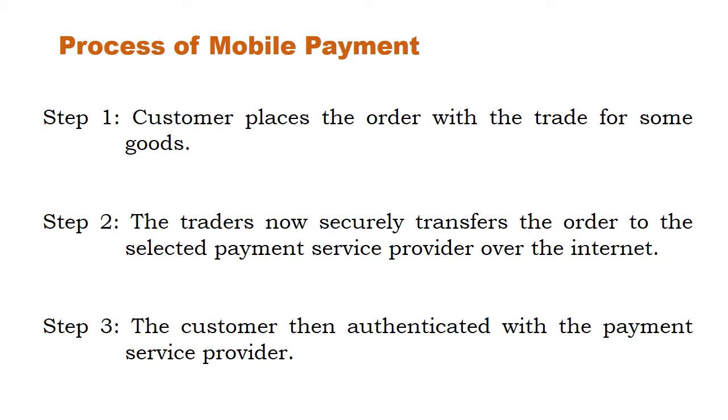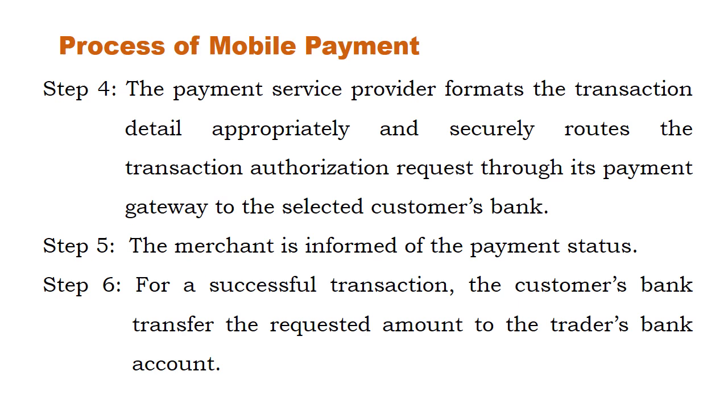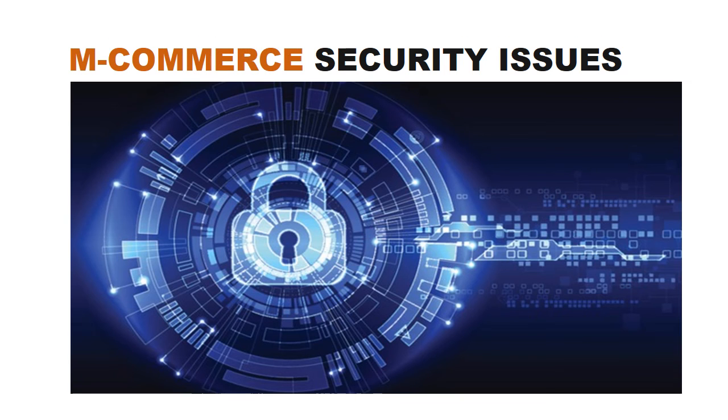The fourth thing is the payment service provider formats the transaction detail appropriately and securely, and routes the transaction authorization request through its payment gateway to the selected customer bank. And the fifth step, the merchant is informed of the payment status. Once it is a successful transaction, the customer bank transfers the requested amount to the trader's bank account. So these are all the step-by-step procedure for the process of mobile payment.